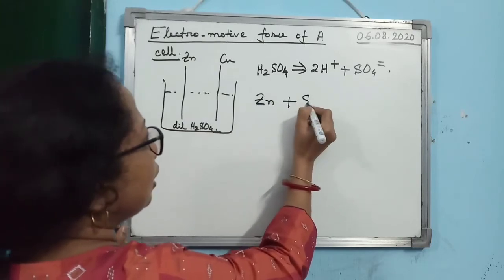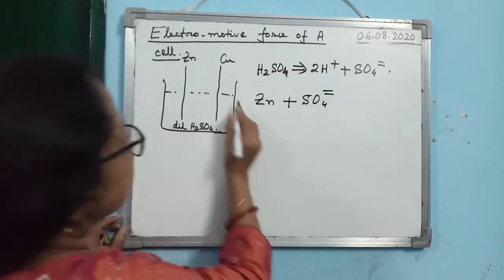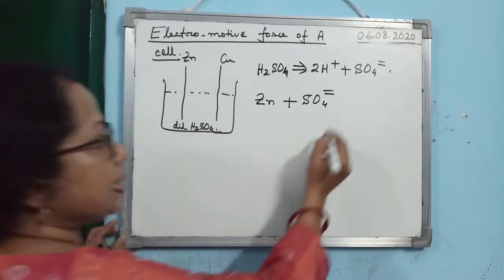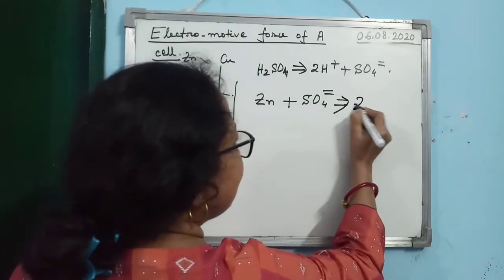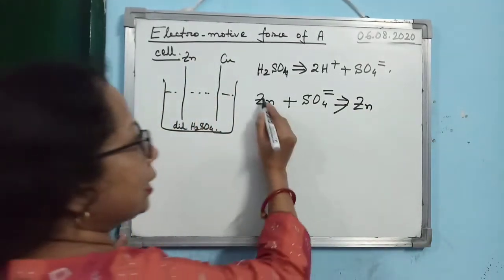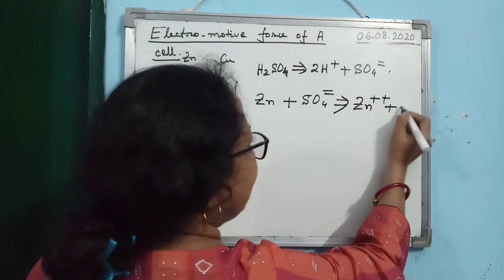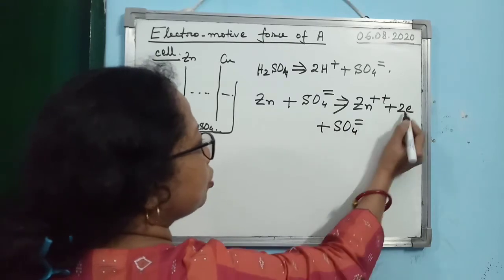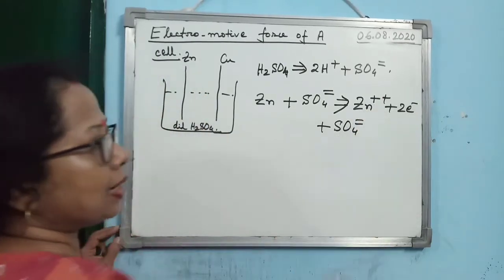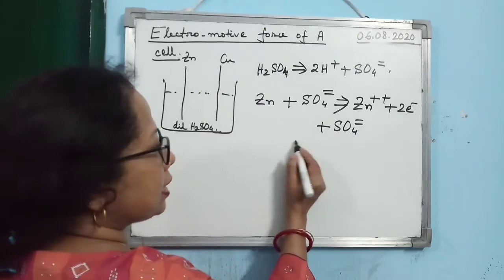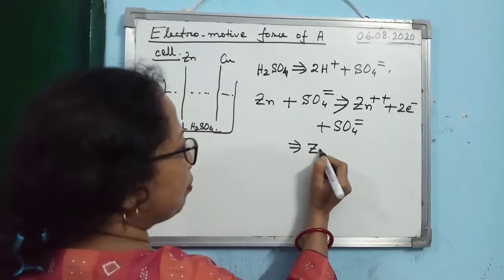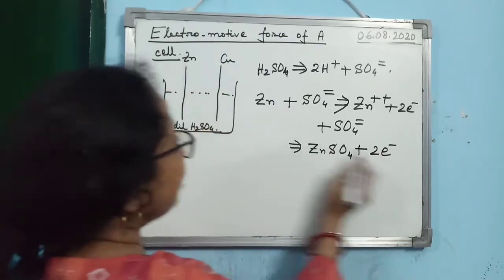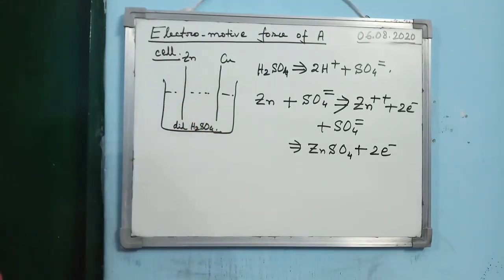It will go to the zinc plate and extract 2 electrons from the zinc plate. So when it is extracting 2 electrons, zinc will become Zn++. So Zn++ and SO4-- will combine together and produce zinc sulfate, and 2 electrons will be extra in the zinc plate.